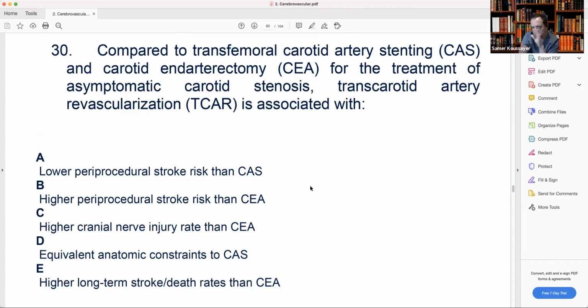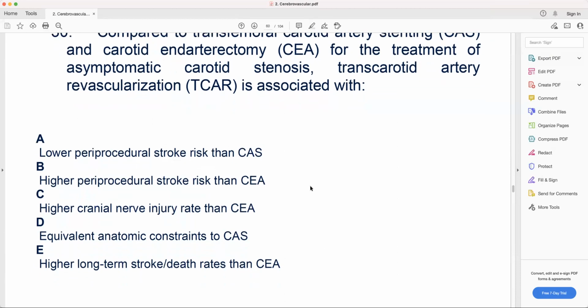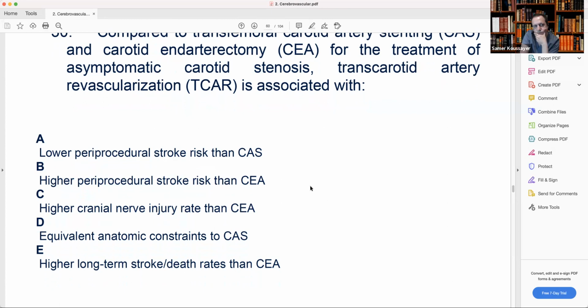When TCAR came, it was able to drop the stroke rate of stenting down to the level of carotid endarterectomy. That's the reason it became more popular. So now TCAR and carotid endarterectomy have the same level of stroke. That's why people like to do it, because you decrease the chance of stroke.